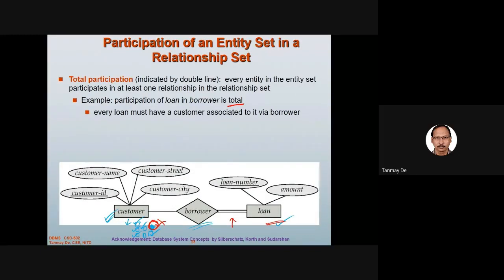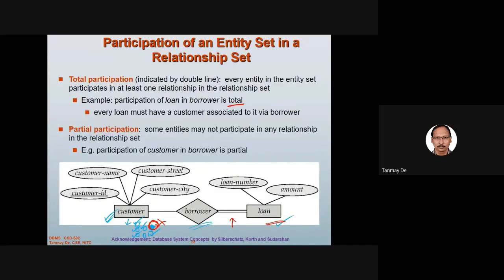Is it clear? And participation of the customer is partial. Why? Some of the entities may not participate in the relationship set. Here I can show this is an example, and this is also an example.